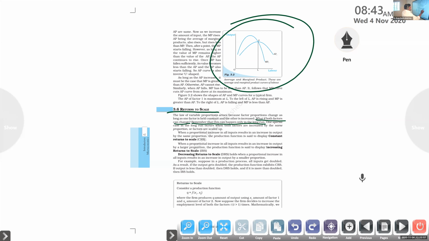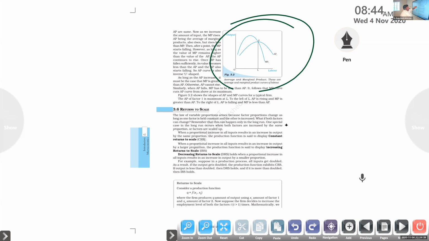For easy understanding, we are going to increase both inputs in the same proportion. If labor increases by one, capital also will increase by one. If we increase labor by 2, we increase capital also by 2. The same amount will increase in both factors of production. Both will increase in the same proportion.